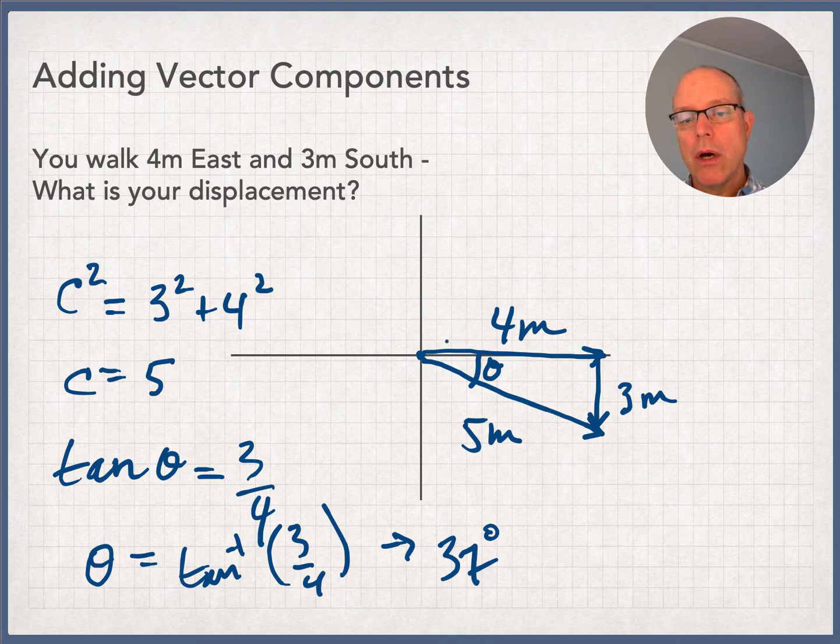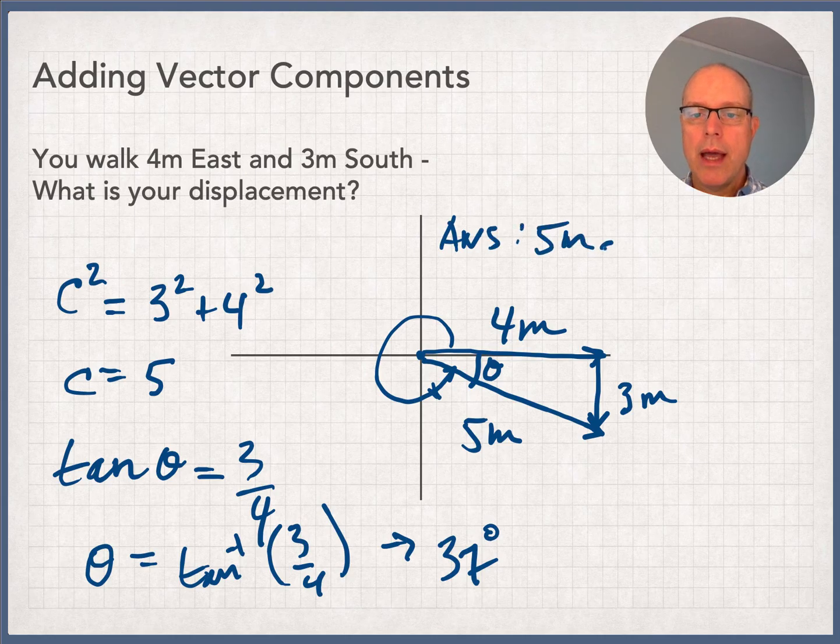This is going to be all of those put together plus whatever this mystery number is right here. Because I already know the theta, it's easier for me to say, if I just go 360 and back it off by 37, that's my answer angle. And so the answer is indeed going to be 5 meters at 360 minus 37, which is 323 degrees.